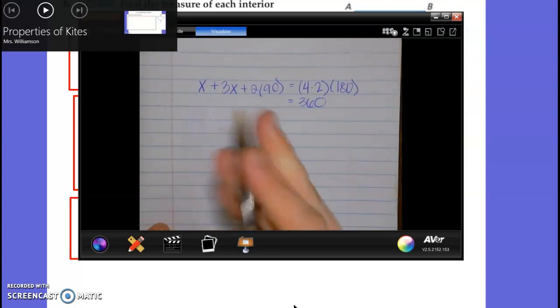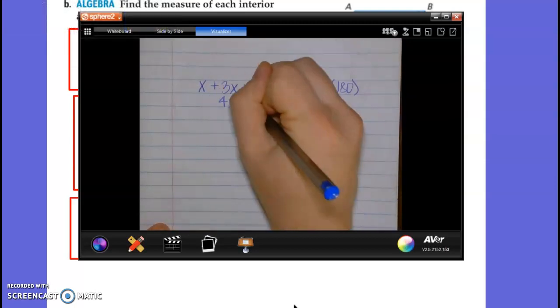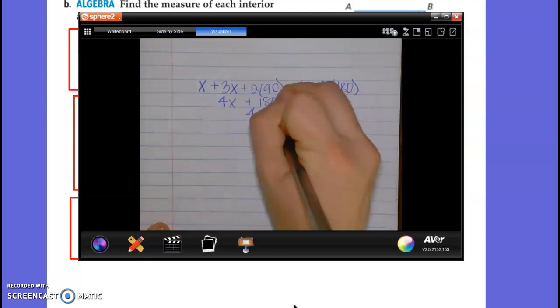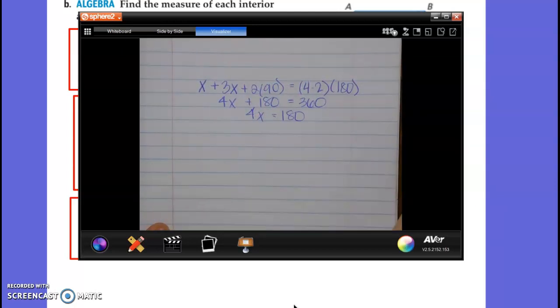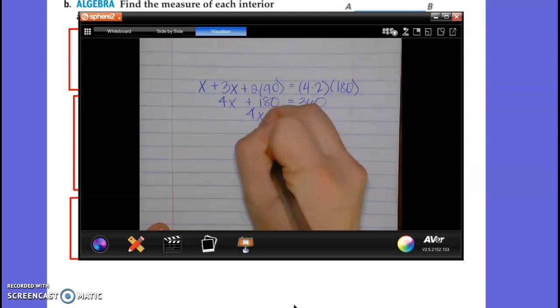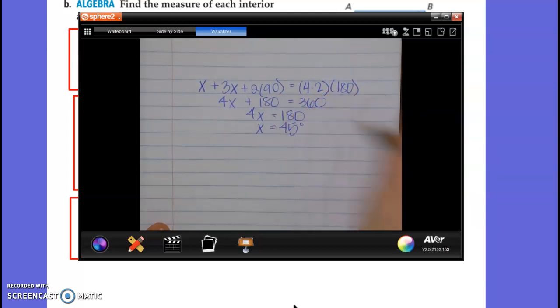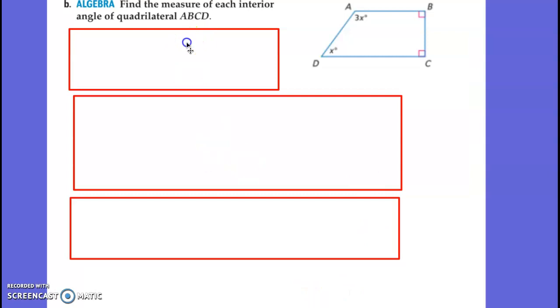And I can combine my like terms to give me 4x plus 180. Now we're just solving a 2-step equation, so subtracting 180 on both sides, I get that 4x is equal to 180, and then dividing to get the single value of x, I get 45 degrees. So if x is 45 degrees, then I can go back to our image.